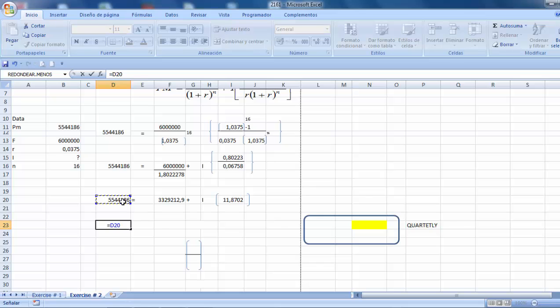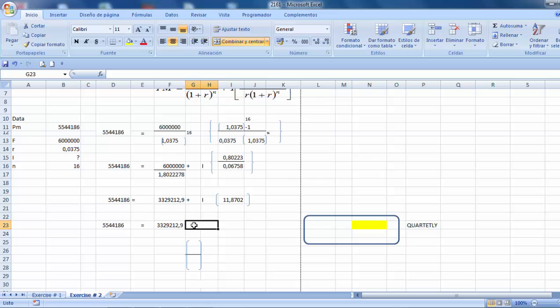part, and to clear that, we bring down the same value, and we take these to resolve and clear I. So we write the same value 11.87 and multiply that by I. In the next part, we continue clearing that.